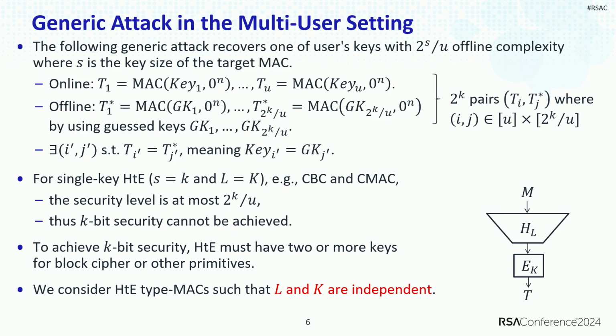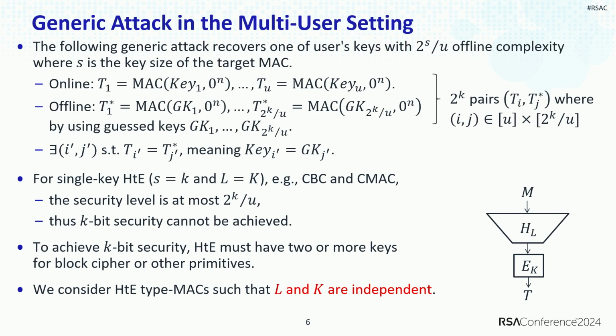From these tags, we obtain 2 to the S pairs of online tag and offline tag. Since the key size of the MAC is S bits, we can expect that at least one guessed key is equal to one of the users' keys. This can be confirmed by checking the tag collision, T equals T star.